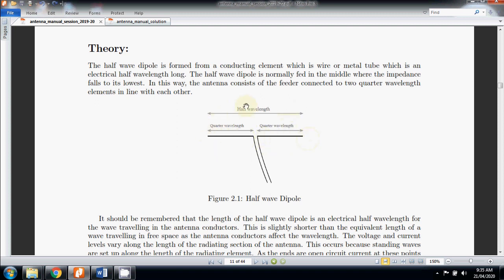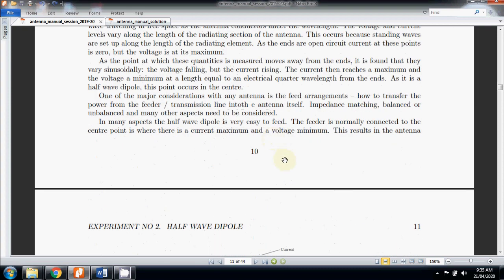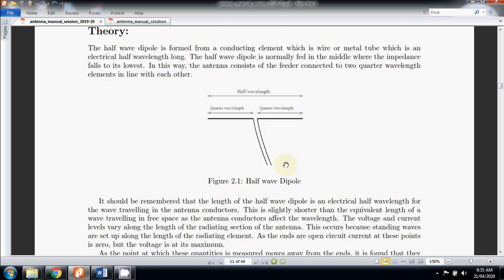As the basics say, a dipole is the separation of two similar and opposite charges by a small distance. This small dipole will start radiating, and the length of this dipole should be half a wavelength.